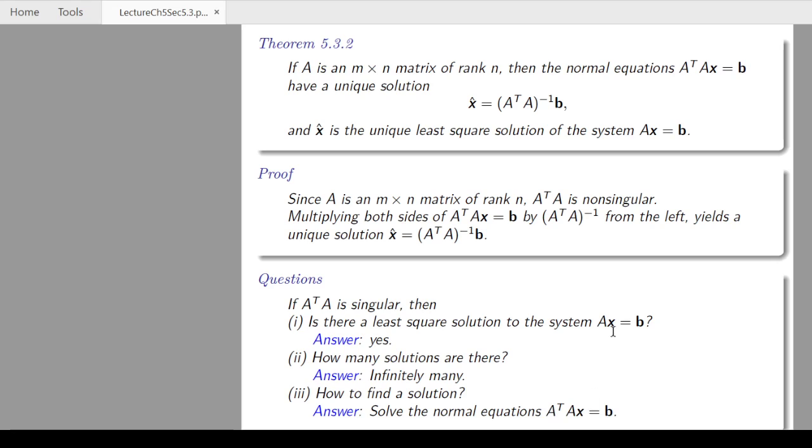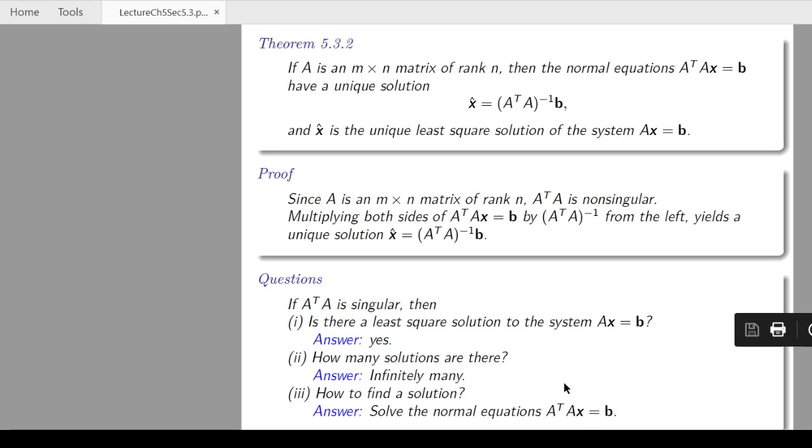The first case is that the transpose of A times A is non-singular. In that case, the normal equation has a unique solution. The second case is that A transpose times A is singular. In the second case, we need to solve the normal equations, and there are infinitely many solutions. Now how to do that?